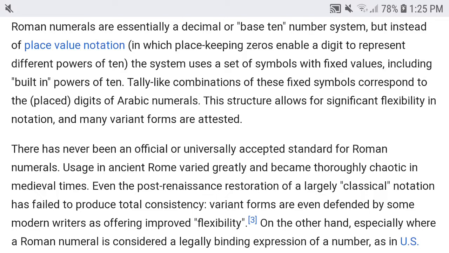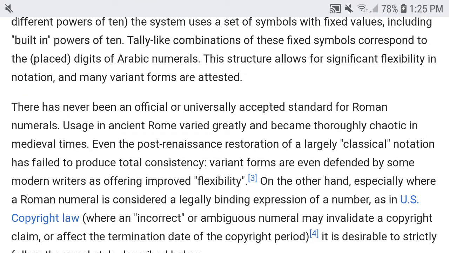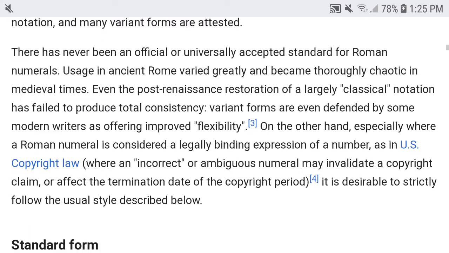I don't know. There has never been an official or universally accepted standard for Roman numerals. Usage in ancient Rome varied greatly and became thoroughly chaotic in medieval times. Even the post-Renaissance restoration of a largely classical notation has failed to produce total consistency. Variant forms are even defended by some modern writers as offering improved flexibility.